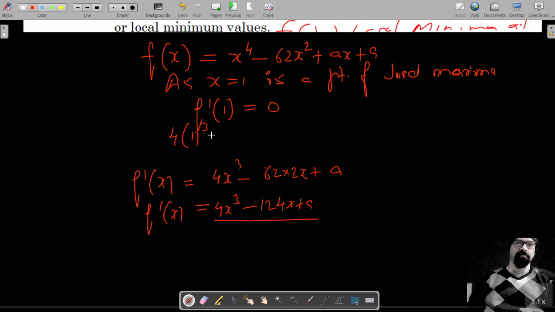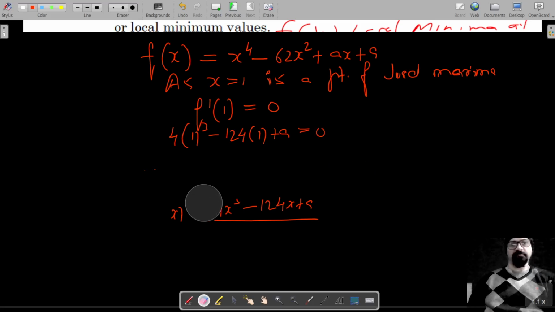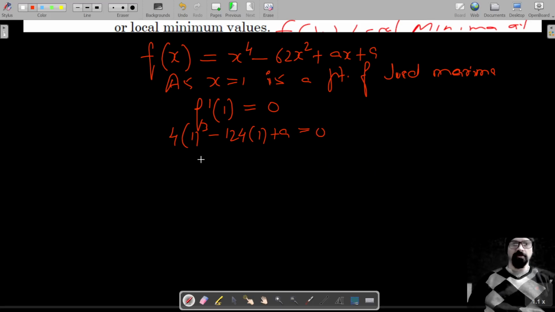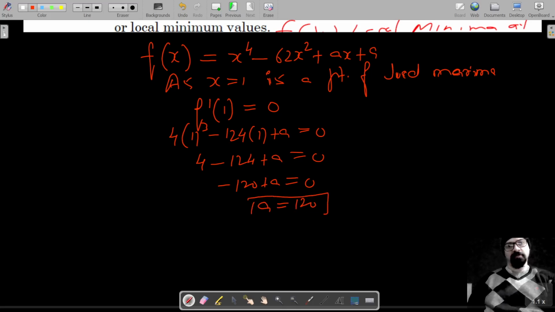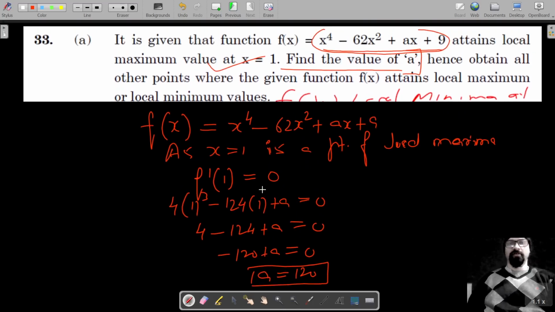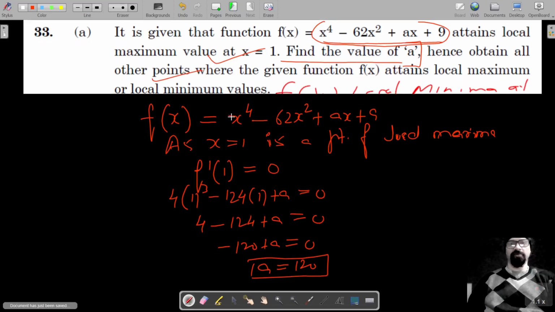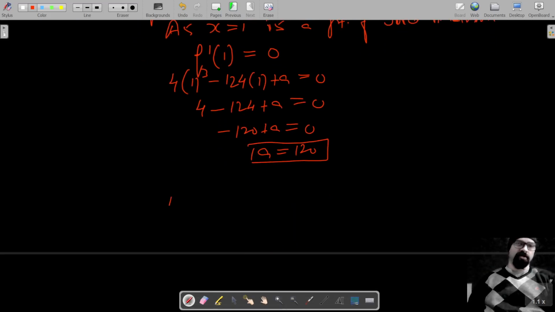So this is 4 into 1 cubed minus 124 into 1 plus a is equal to 0. So this is 4 minus 124 plus a equal to 0, which is negative 120 plus a equal to 0, and a is equal to 120. So we have got the value of a.